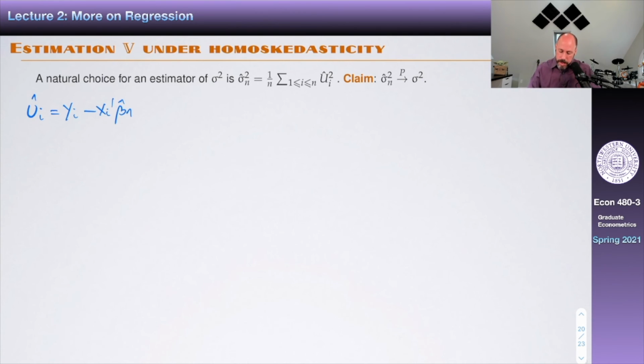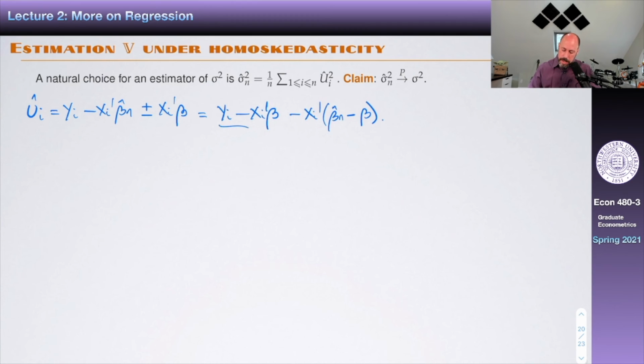And what I'm going to do is I'm going to add and subtract xi prime beta, the true beta. So if we do this, we're going to have yi minus xi prime beta minus xi prime beta hat minus beta.